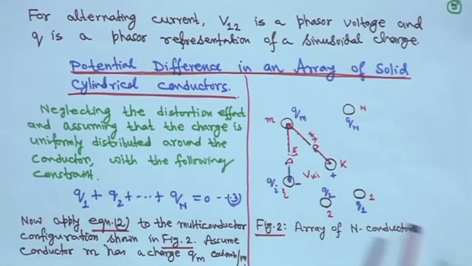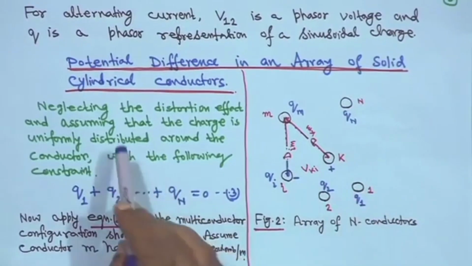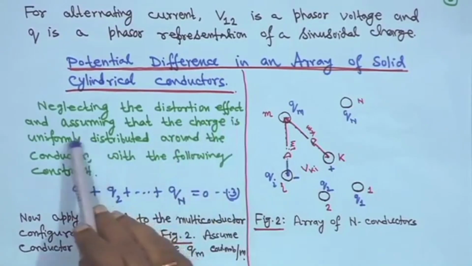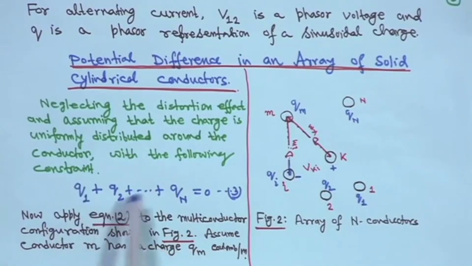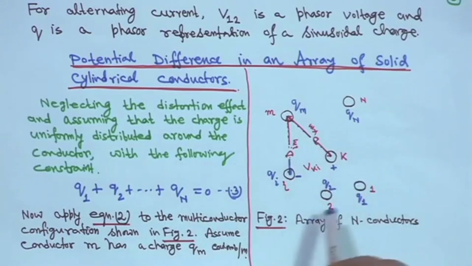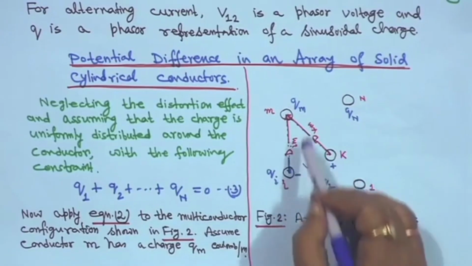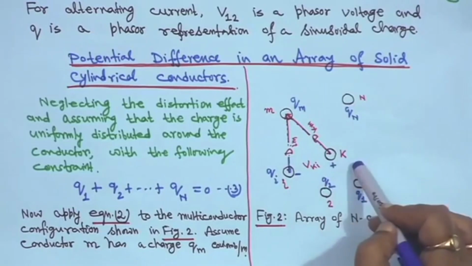Suppose this is figure 2. Neglecting the distortion effect and assuming that the charge is uniformly distributed around the conductor, with the constraint that q1 plus q2 up to qn is 0, that is equation 3. That means you have q1, q2, then qk, qi, qm, qn, so many conductors up to n number of conductors.